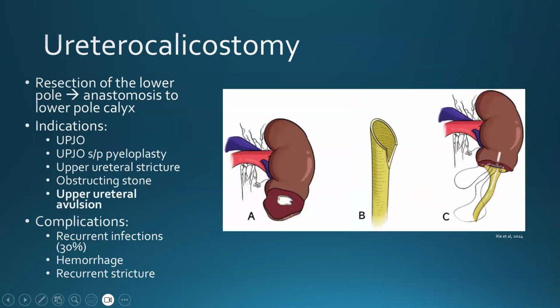Next is a ureterocalycostomy. This involves essentially amputation of the lower pole of the kidney, and then anastomosis of the ureter to a lower pole calyx. Indications for this type of repair would be a UPJ obstruction, as well as a UPJ obstruction after a pyeloplasty, so the patient didn't respond well to a pyeloplasty.